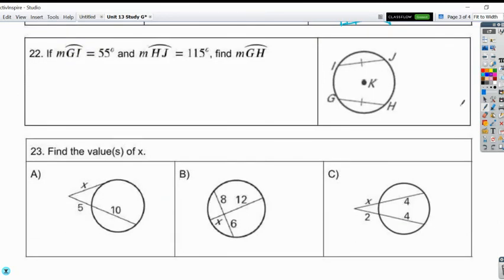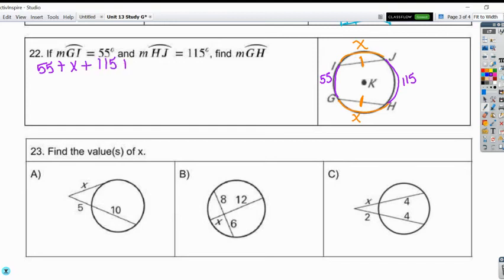All right. Now, our next image tells us that arc GI is equal to 55 and arc HJ is equal to 115. I need to be able to find the measure of arc GH. Now notice this arc is cut off by a chord that's congruent to another chord, so arc GH has to be the same as arc IJ. All of the arcs in this circle better have a sum of 360 degrees.